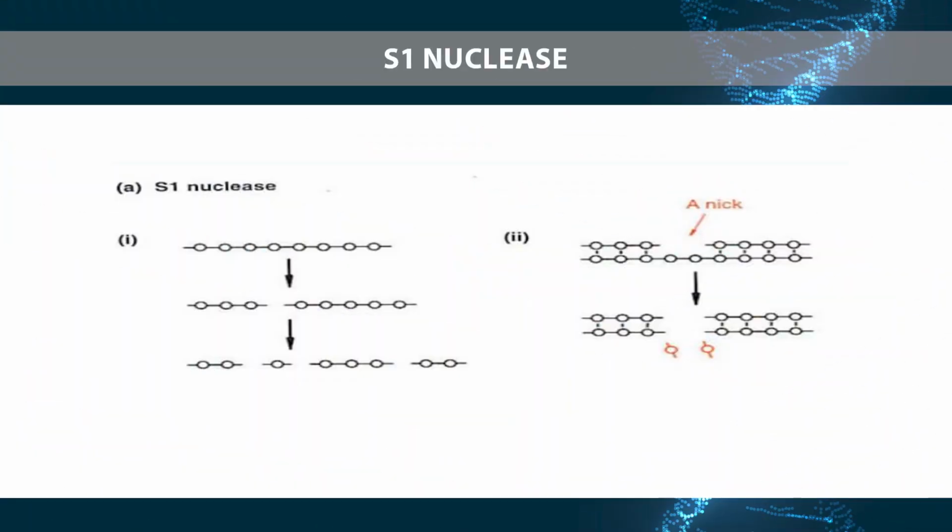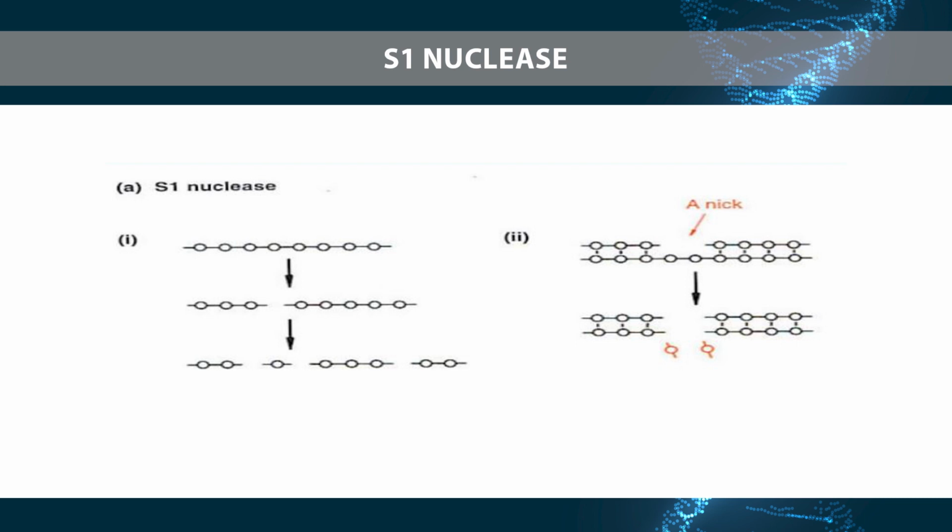Here is an example in two parts where we can see S1 nuclease. In the first figure, it is acting on a single stranded DNA molecule. Since it is an endonuclease, it will remove the nucleotides from within the DNA strand. Then coming to the second half of the figure, we can see it was a double stranded DNA, and when S1 nuclease was applied, a nick is created.